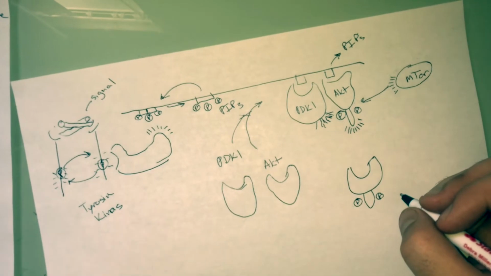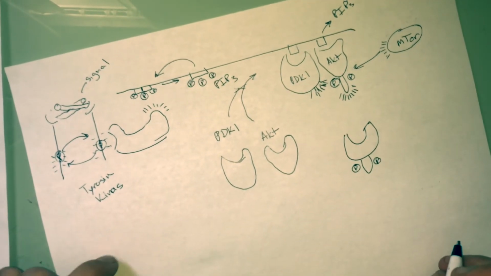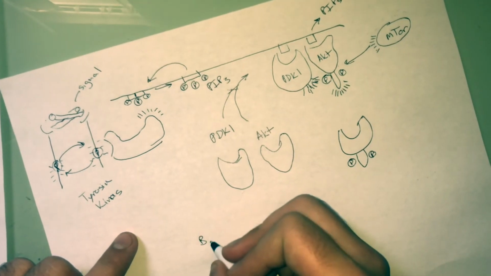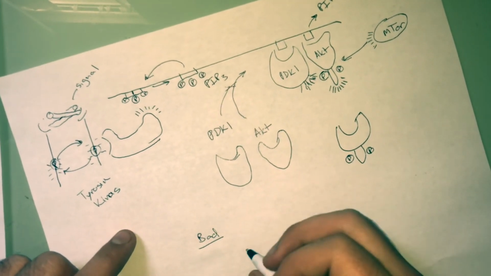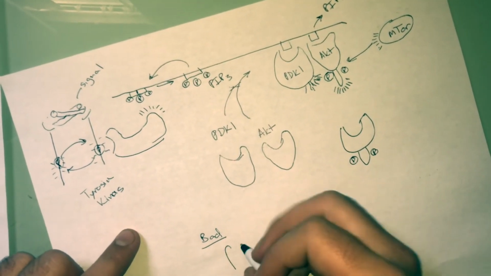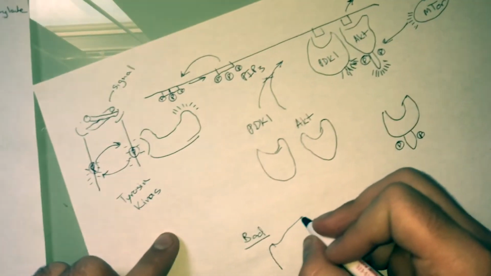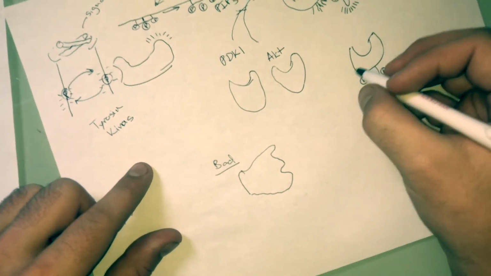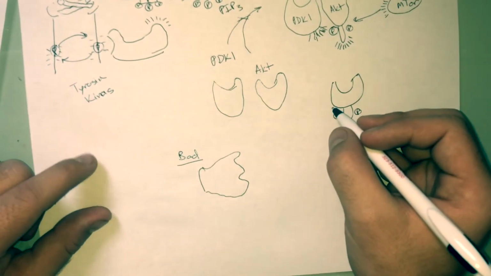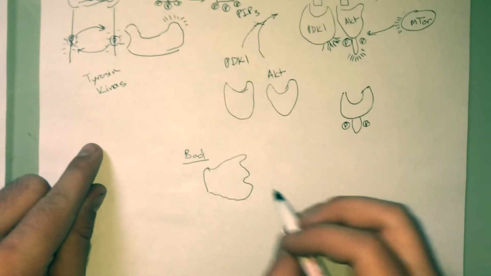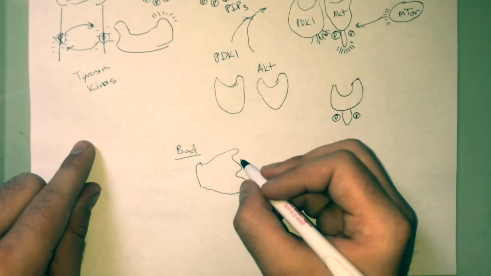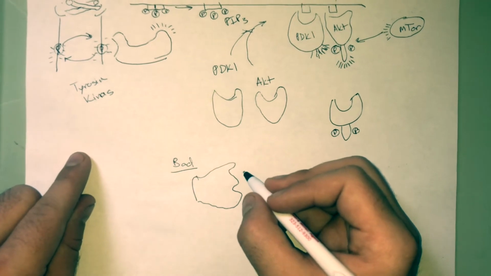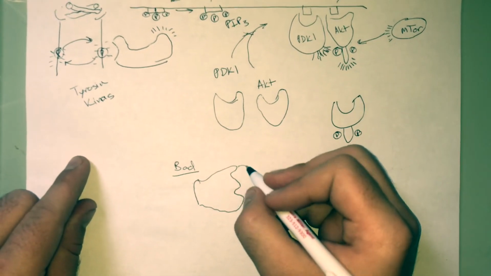Now, as it's activated, it will move towards a protein called BAD. This protein is going to join active AKT. But it will be bound to another inactive apoptosis inhibitory protein right here.